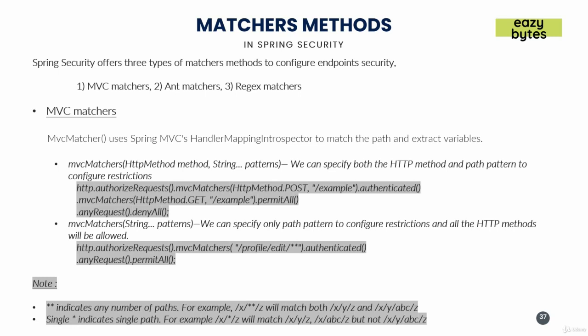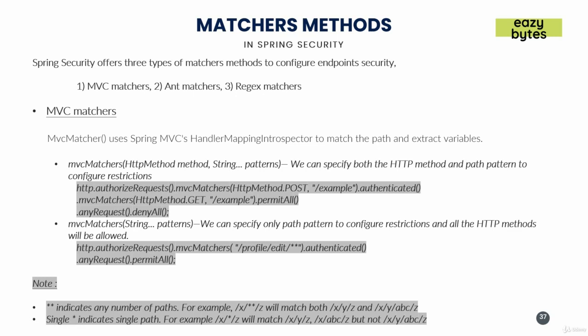For example, if I mention x/**/z, which means between x and z there can be any number of paths. So both x/y/z and x/y/abc/z will be treated as the same configuration.